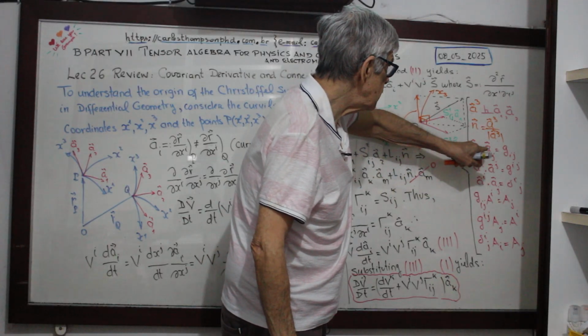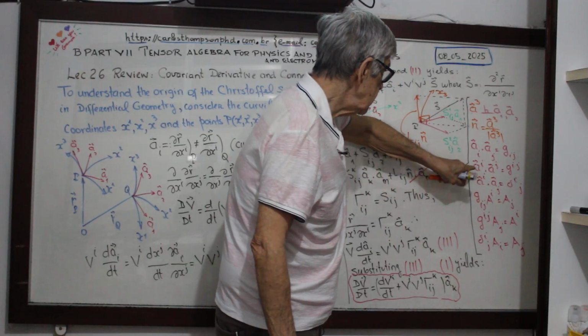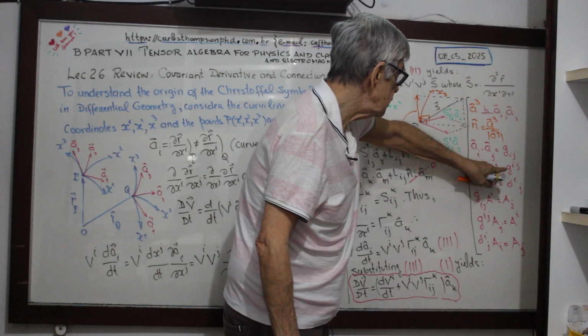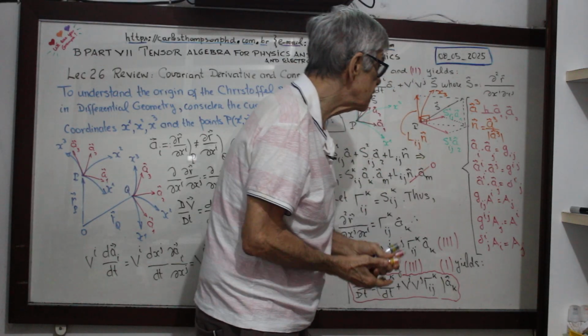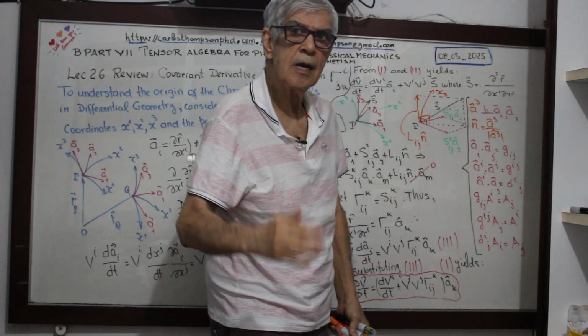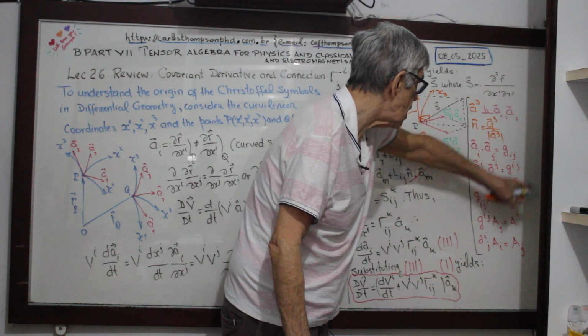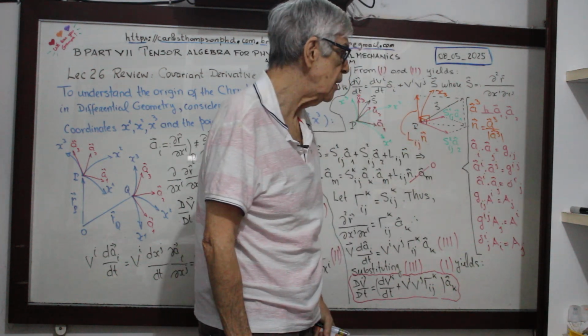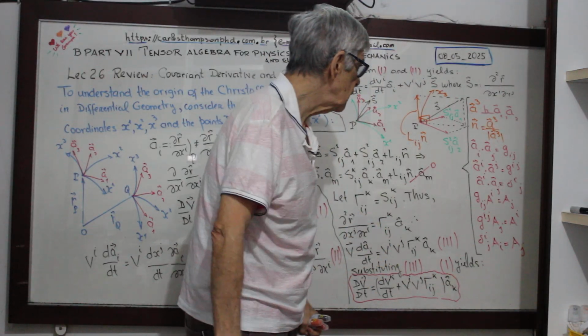Now, A_i dot A_j is g_ij by definition, and A^i dot A^j is g^ij. You see, the indices show that g_ij are covariant, and these g^ij over here are contravariant, which belong to the dual space.